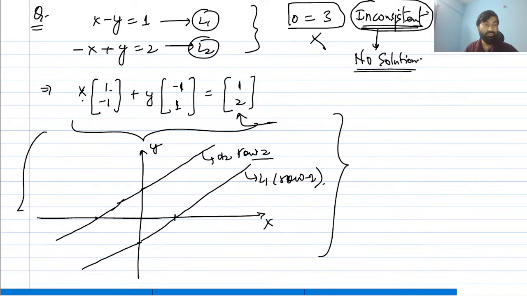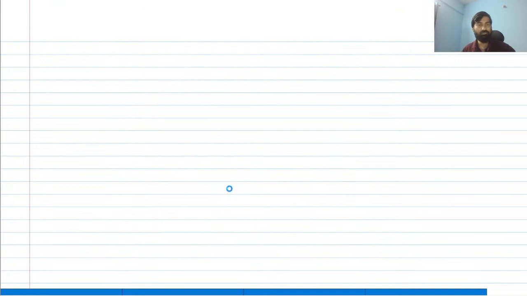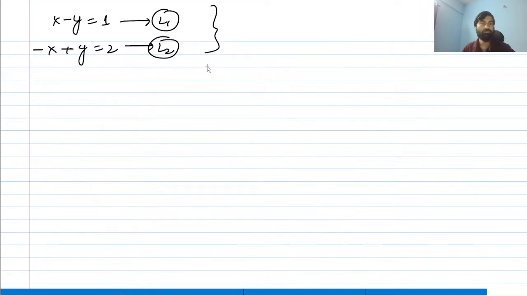And also when you go for the vector interpretation, I'm just going to draw it as well so that you can understand. I take these two equations and paste them here: x minus y equal to 1, minus x plus y equal to 2.